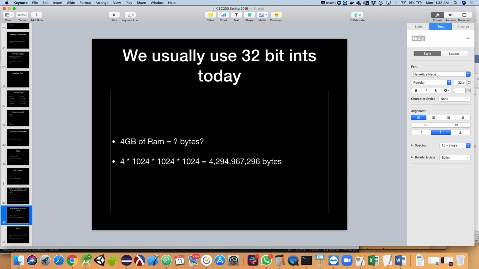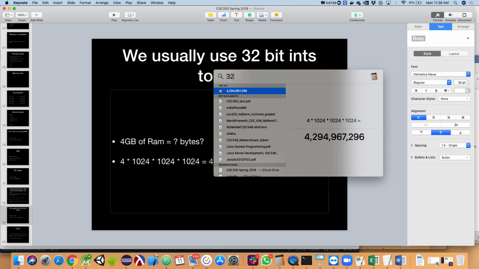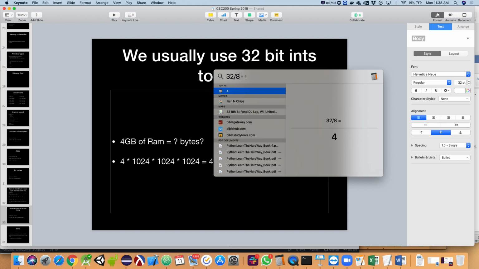Okay? Now, if we have a bunch of 32-bit integers, 32 bits is 4 bytes, correct? That is 32 divided by 8 to go from the bit side to the byte side. So 32 bits is a 4-byte number. So an integer is 4 bytes big.